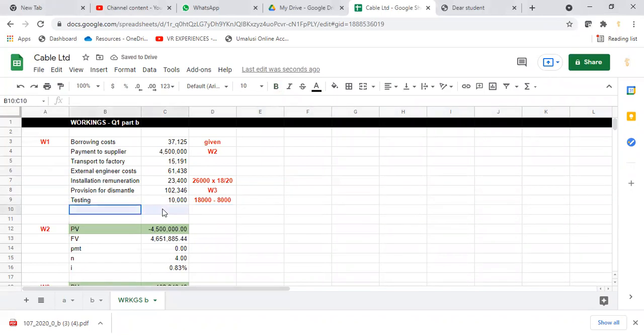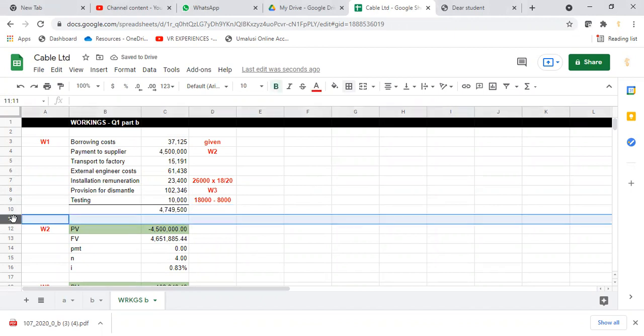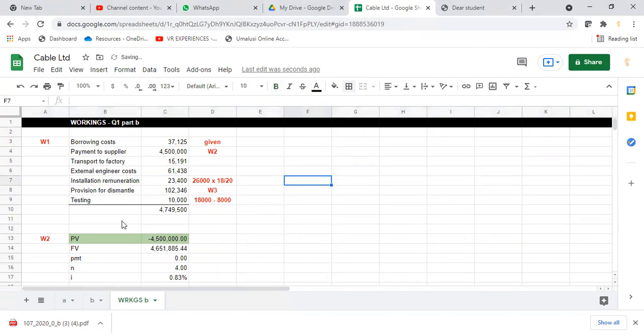So it depends. Remember, there's no right or wrong. It all depends on what the company wants to do. Okay, so this is cost before spare parts. Now we're going to include spare parts.